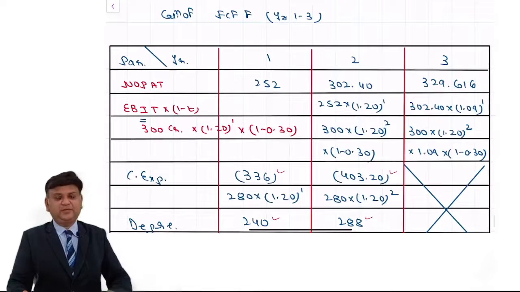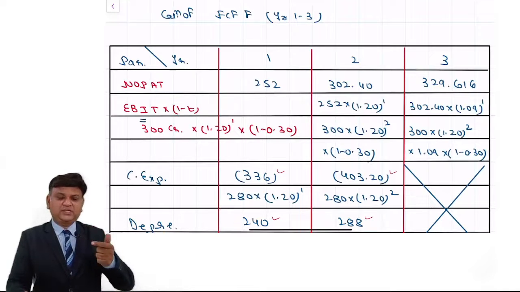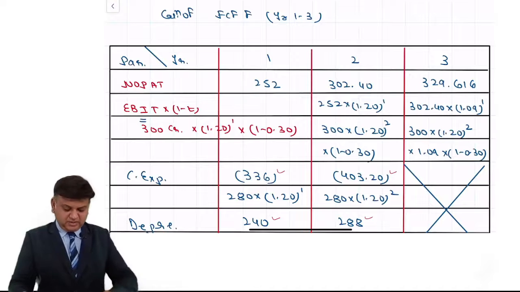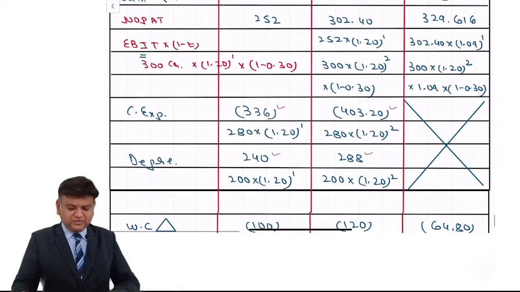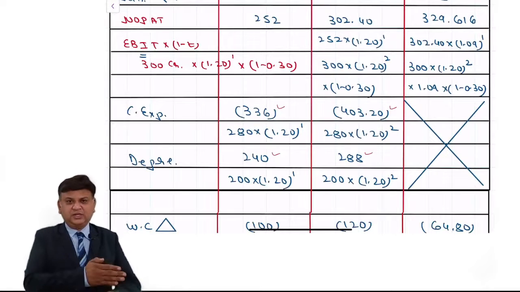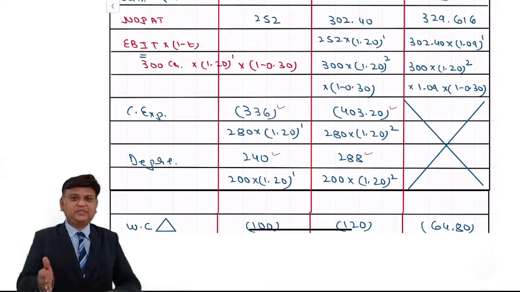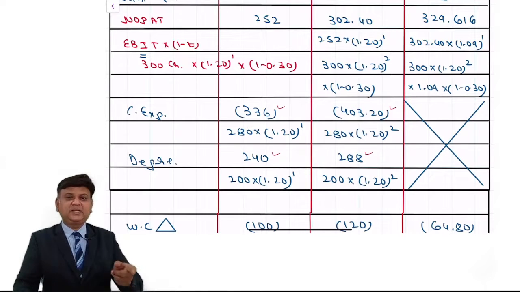Free cash flow for the firm is calculated from end of year 1 to end of year 3. First year, second year, third year. For the first year, it is like the 300 crore growing at the rate of 20% and making it post-tax. Then it is growing at 20% and then it is growing at the rate of 9%.